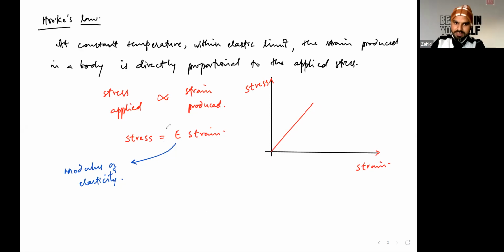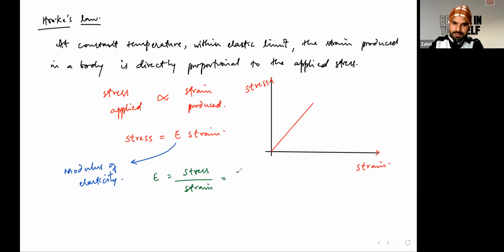So if you rearrange this particular equation, you will get E equals stress divided by strain. Now, this particular relation is nothing but the ratio of perpendicular and base. So you must have learned in graphs, perpendicular and base defines the slope of that particular curve, which is defined by tan theta.